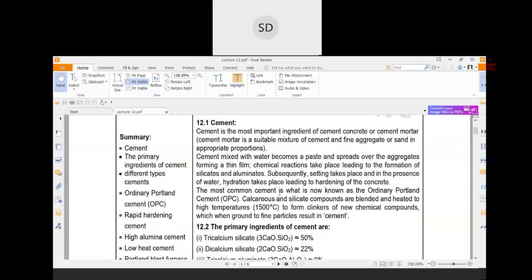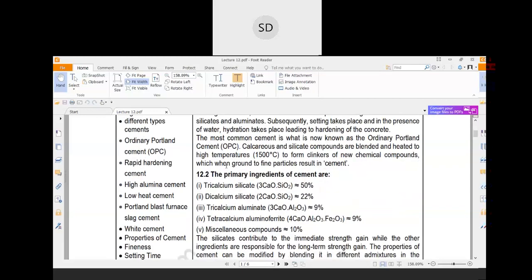So the most common cement, ordinary Portland cement, is generally used in pavement construction. Now, the main ingredients of cement are tricalcium silicate, dicalcium silicate, tricalcium aluminate, and tetracalcium aluminoferrite, and some miscellaneous compounds.